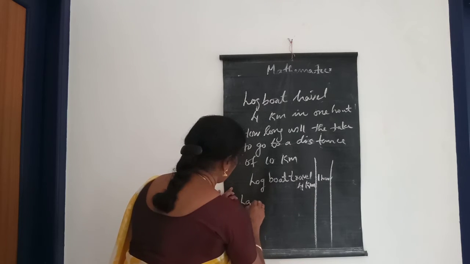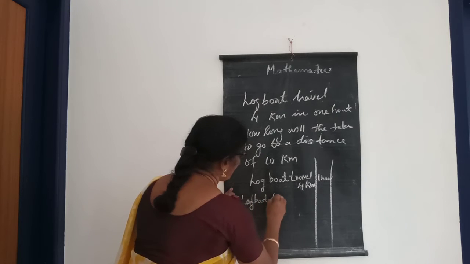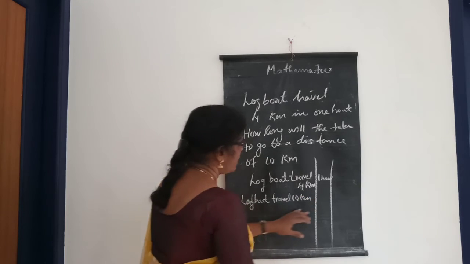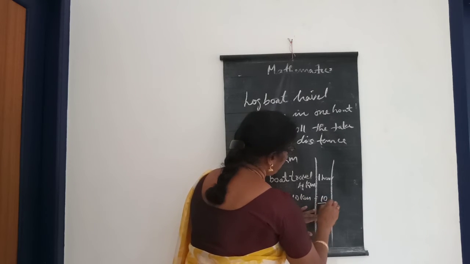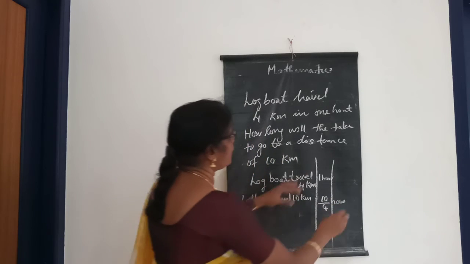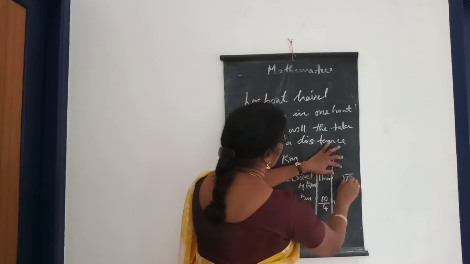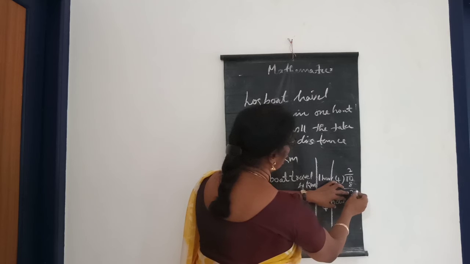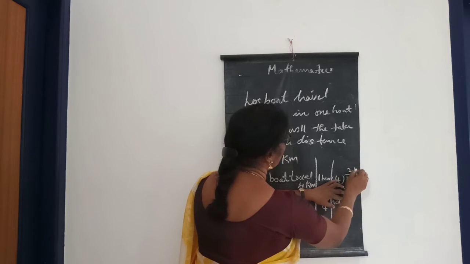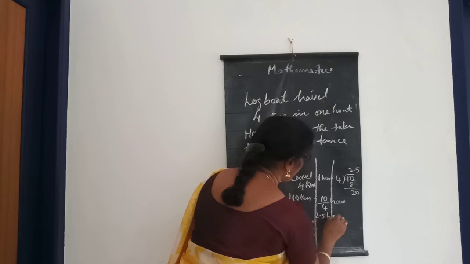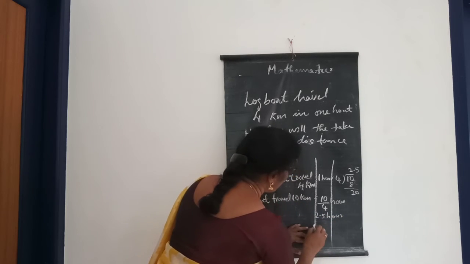Then the log boat traveling 10 kilometers is equal to 10 by 4 hours. 10 by 4 is 2.5, isn't it? 10 divided by 4: 4 twos are 8, remainder 2, 20, 0, now put a point. 2.5 hours means 2 hours and 30 minutes.